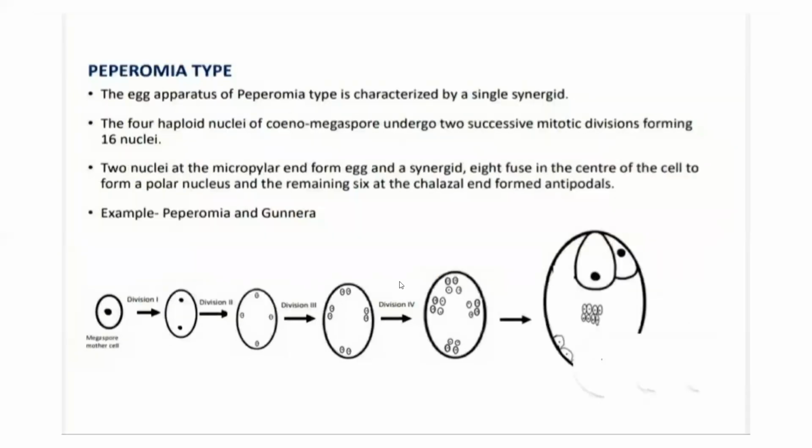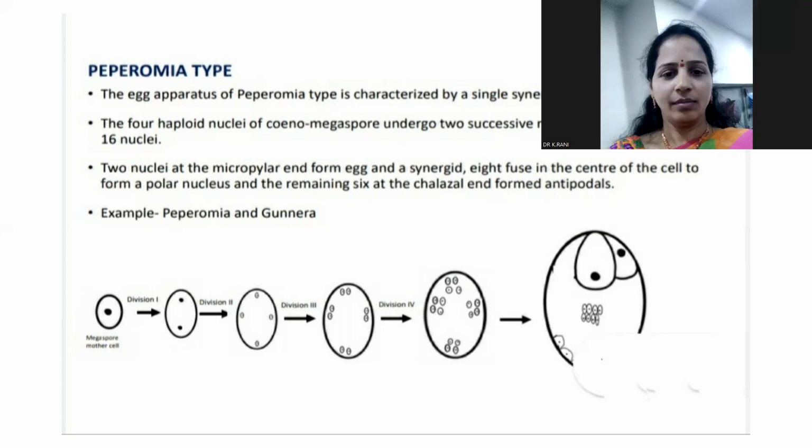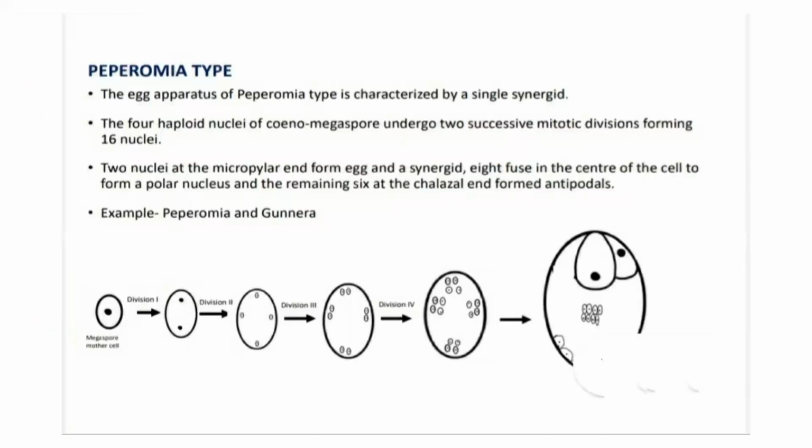Next is the Peperomia type. This type of embryo sac was first discovered by Campbell and Johnson in the Peperomia plant. The megaspore mother cell, as a result of division, forms 4 nuclei.